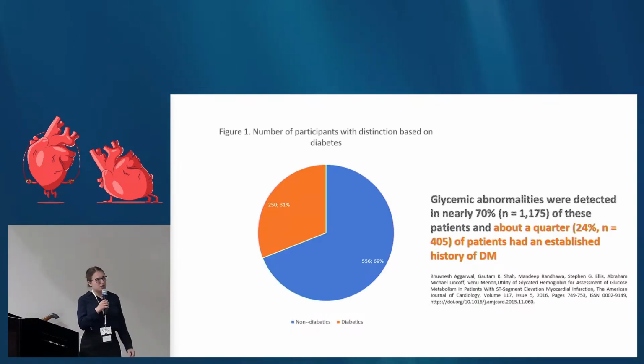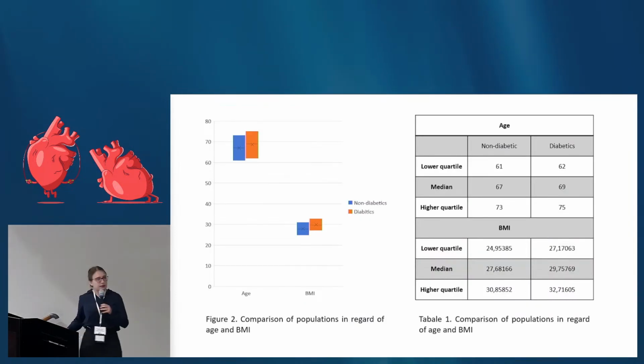The study population consisted of over 800 people, of which 31% had diabetes. A similar study done in a STEMI population revealed that about a quarter of the patients had an established history of diabetes mellitus.